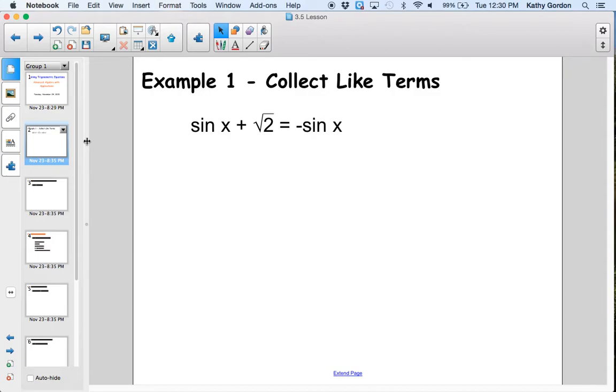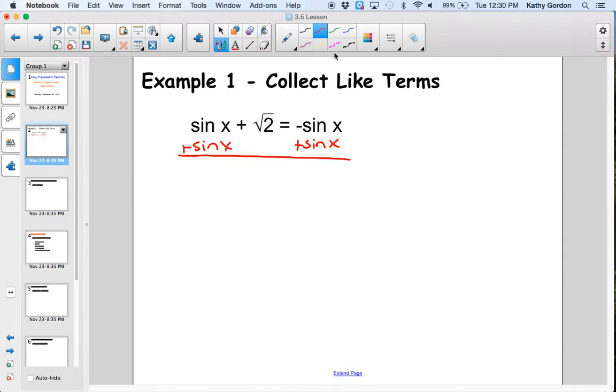Okay? So if I add this sine of x to both sides, then here I actually end up with 2 sine x's. Still have this plus square root of 2.